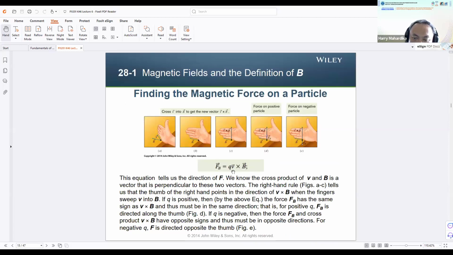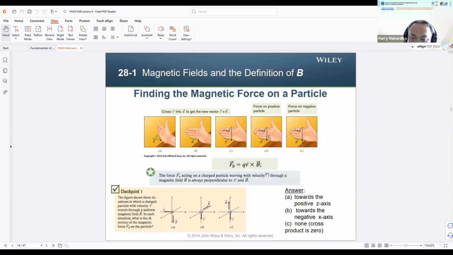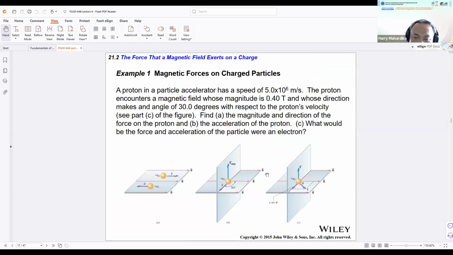We see that whenever V and B have the same direction, like in the first case, then the magnetic force produced on the particle is equal to 0, because the direction of V and B is the same.